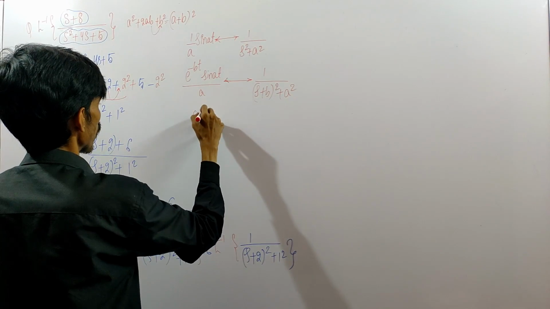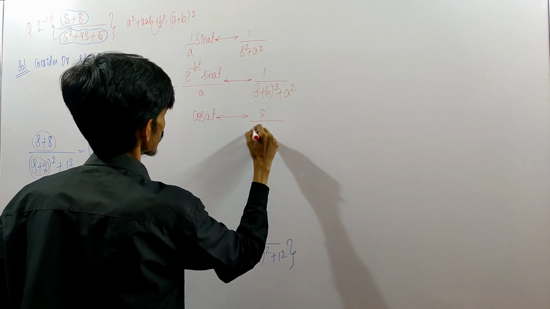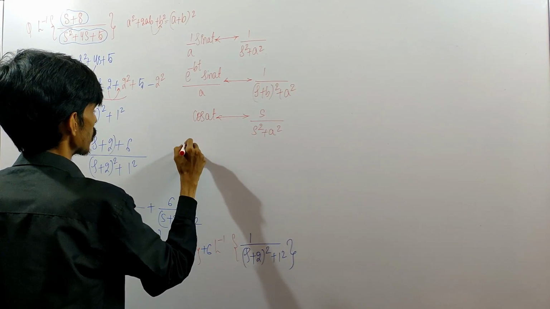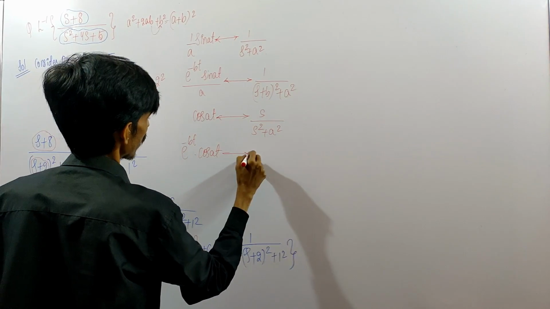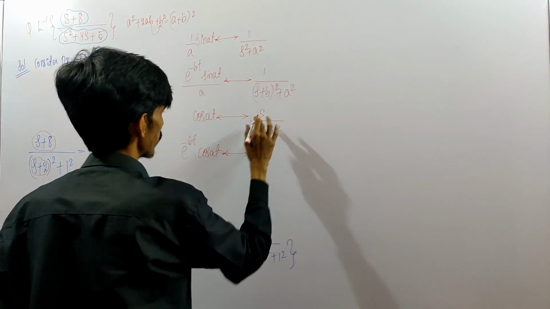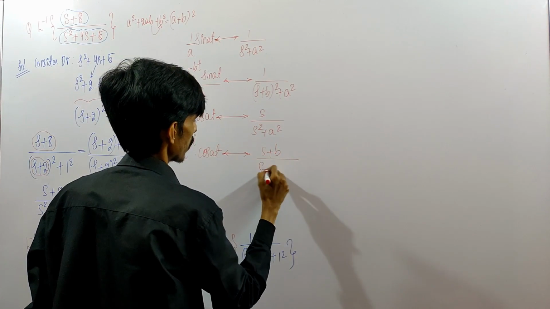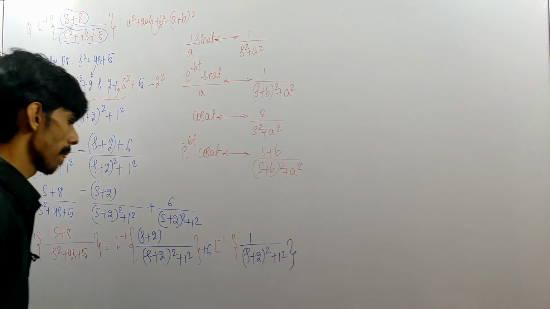Similarly, cos at transforms to s by s square plus a square. If I multiply by e power of minus bt cos at, then s will be replaced by s plus b, and we will get (s plus b) by ((s plus b) square plus a square).